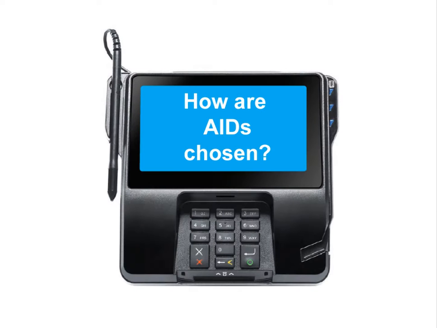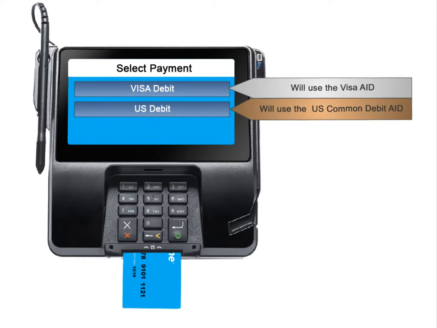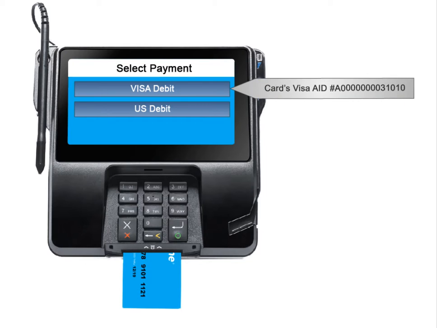How are AIDs chosen during the payment process? The customer's choice on the prompted screen will determine which AID is used for processing. For example, a prompt may appear for the customer to select between Visa Debit or US Debit. If the customer selects Visa Debit, it will process the card using the associated AID number, ending in 31010.